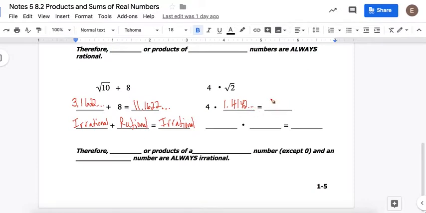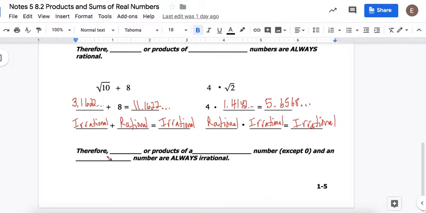And when you multiply them together, you get 5.6568. Now 4 is rational. The square root of 2, or 1.4142, is irrational. And you can see when we multiply them together, the result is irrational because it's non-terminating.